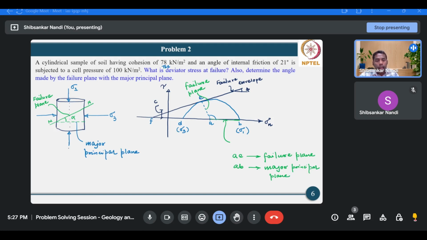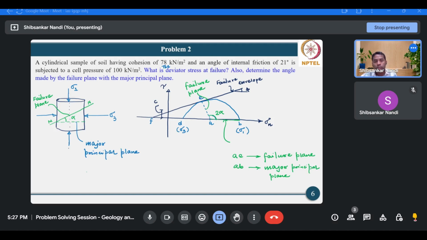Now this angle we have to calculate for this problem. Please keep in mind, whatever angle you get in the physical plane will be double in the case of the Mohr stress plane. This is from simple geometry.